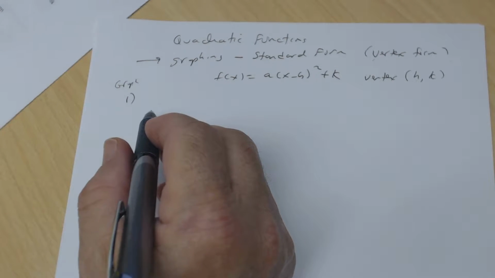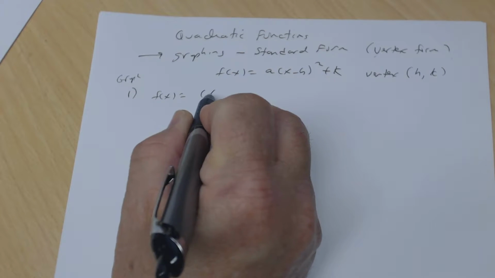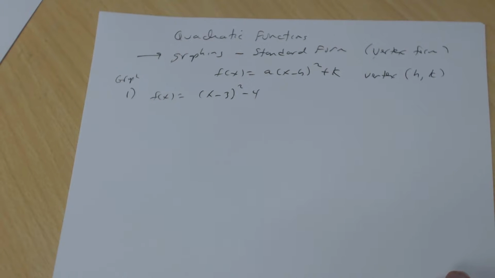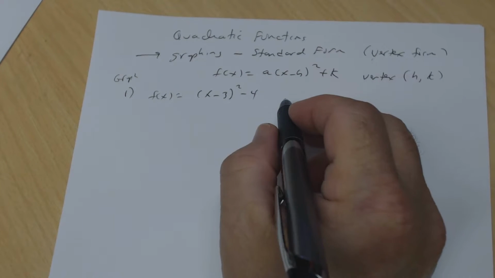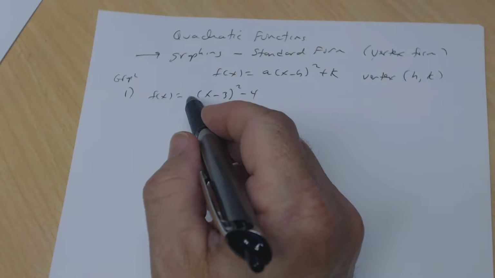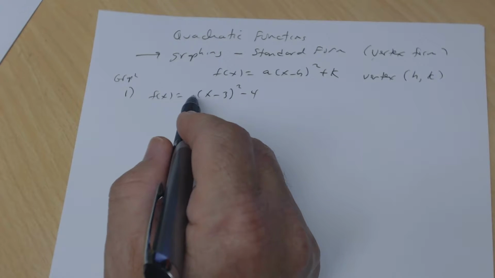So the first one will be f of x equals (x minus 3) squared minus 4. So the first thing you want to do is determine, does the graph open up or down? Well, remember a is the number right here.